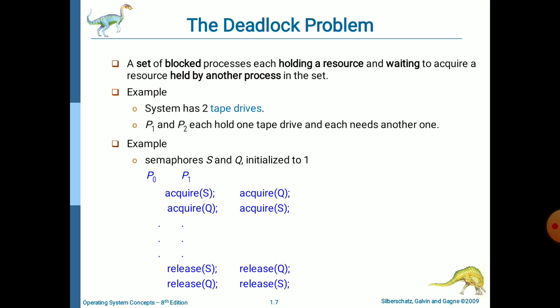P0 has to wait until P1 releases Q, and P1 has to wait until P0 releases S. So both are holding the semaphores or resources S and Q respectively, and waiting for Q and S to acquire. So it has entered into a state called deadlock.